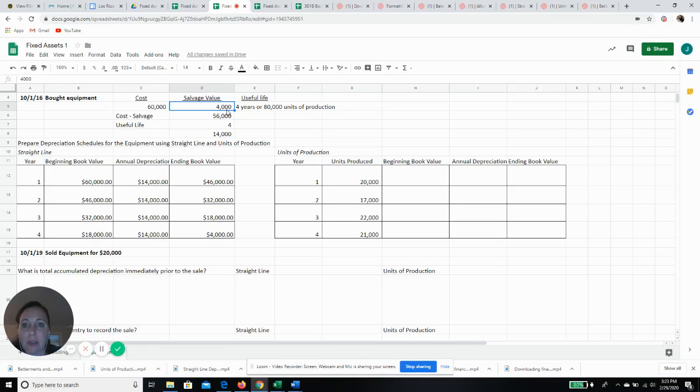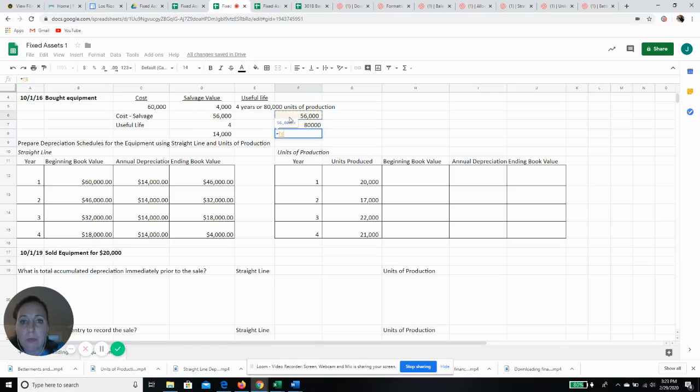my salvage value. Going forward and doing this for units of production, so my cost minus salvage value, 60,000 minus 4,000 equals 56,000, same as under straight line. But my useful life, instead of being 4 years, is 80,000 units.